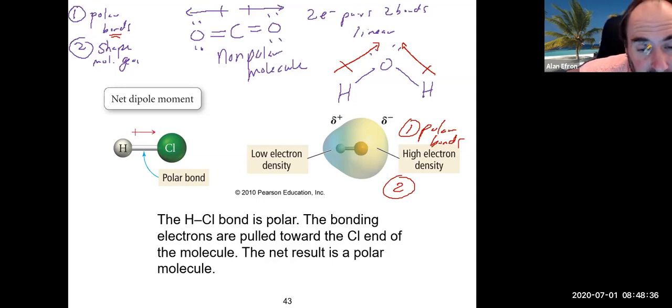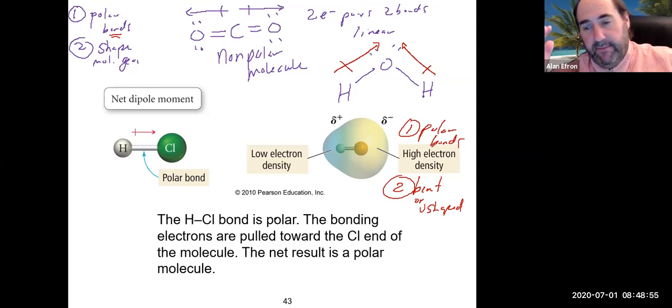If we look at this, it's 1, 2, 3, 4 electron pairs and 2 bonds. So that is a geometry of bent or V-shaped. If you visualize what's happening in this molecule, everybody's coming up towards the top.